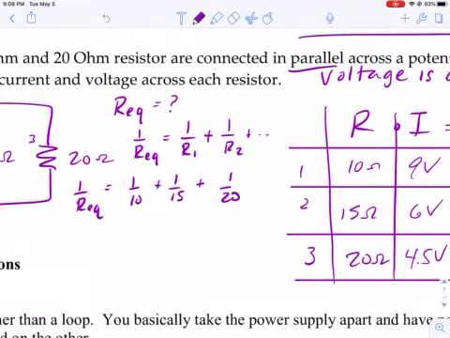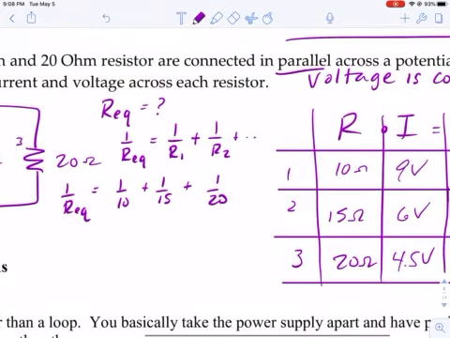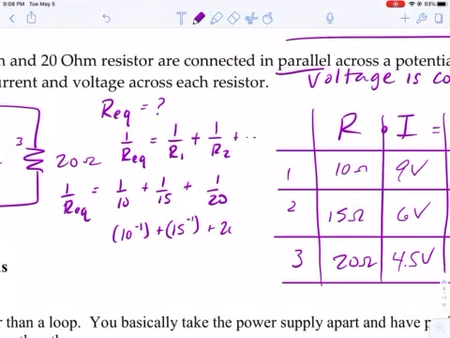At this point, I would consider solving this with the reciprocal button on your calculator. Because really what this is, is 10 to the negative first plus 15 to the negative first plus 20 to the negative first, all to the negative first.